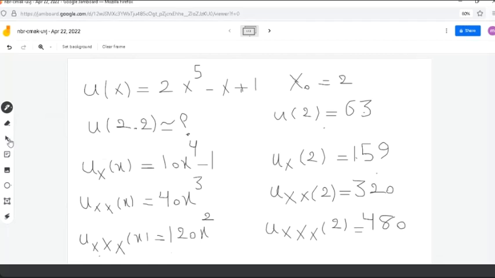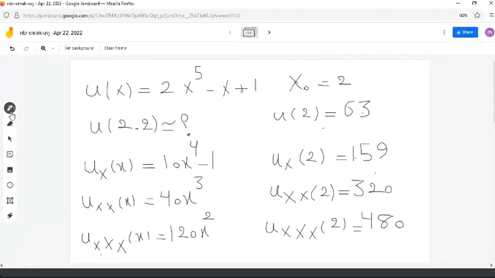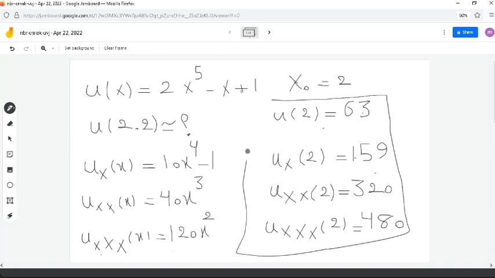Is it okay? Then we should replace these four results in the Taylor theorem. I go to the next page and continue my computing.